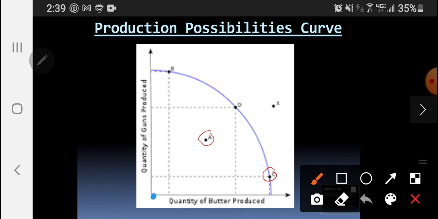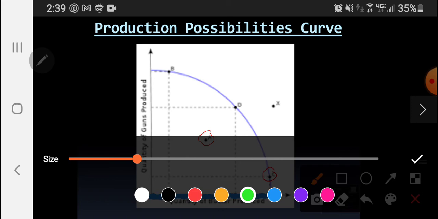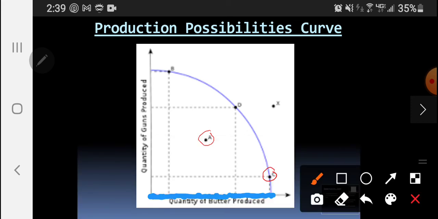If we start here and go all the way over to the right until we get underneath C, that is the amount of butter that we can produce with our current resources. Now, can we produce many guns when we're producing that much butter? Well, if we start at 0 and we go up until we're even with C, we have to stop there.